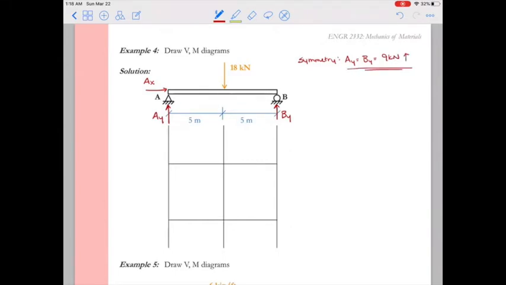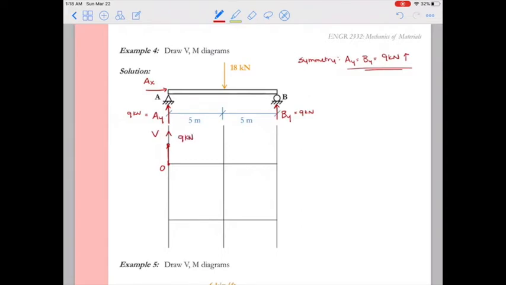All right, so if I follow the rules from the previous page, I'm going to start with my shear diagram. Working my way from left to right, I start at A. A is at the end of the beam. It starts at 0, but then we have that point load, Ay, that pushes it up a value of 9 kilonewtons.